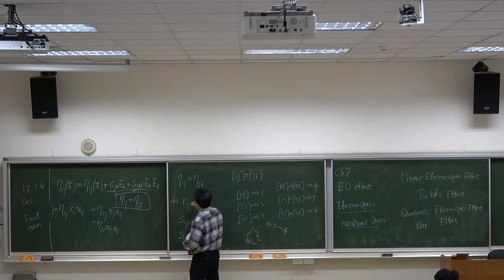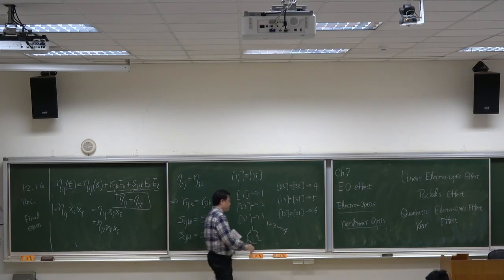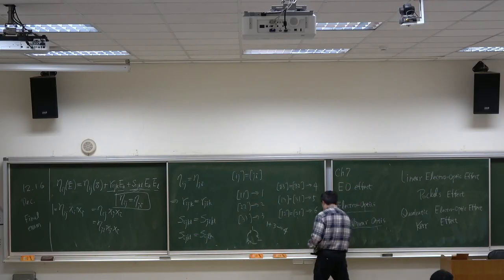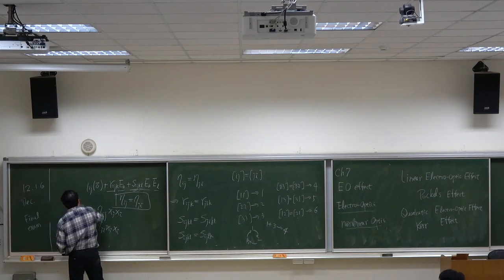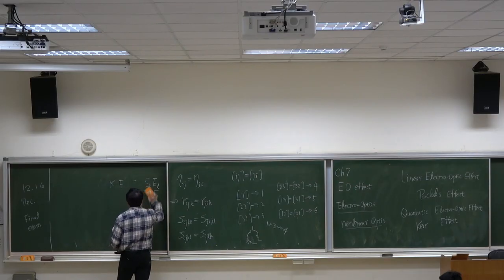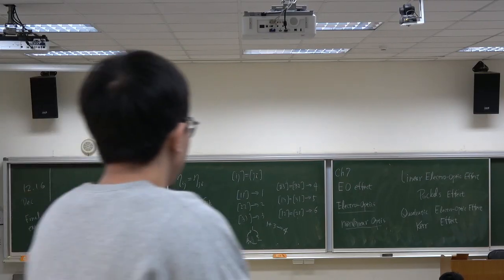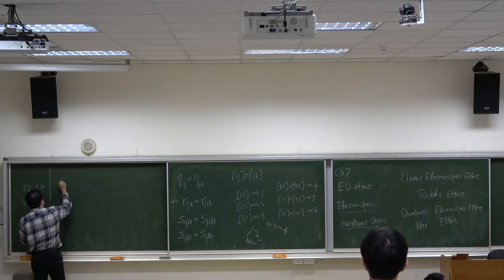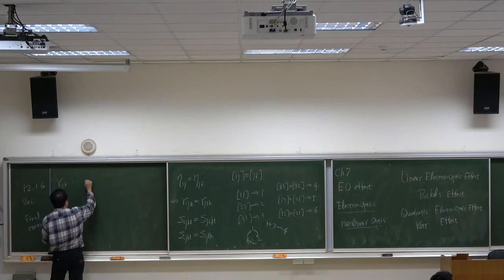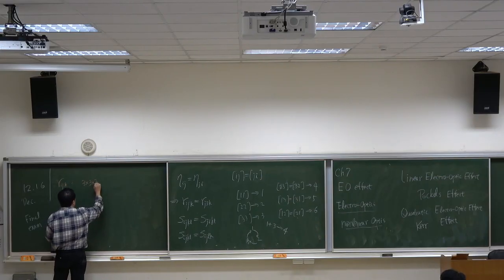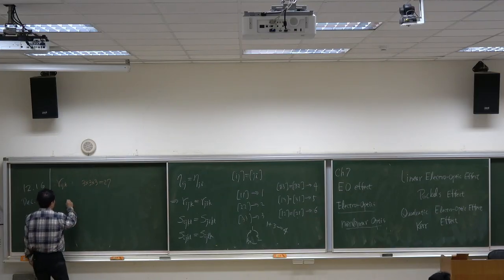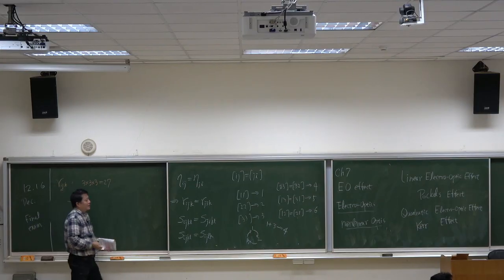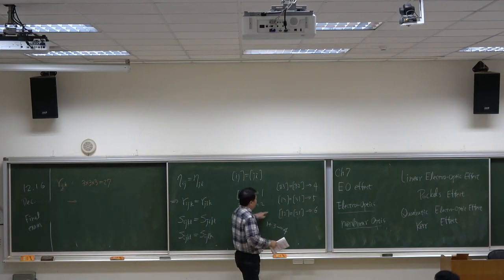So here, Rijk, originally we have 3 times 3 times 3 equal to 27 components. Now the ij pair is reduced to 1, 2, 3, 4, 5, 6.